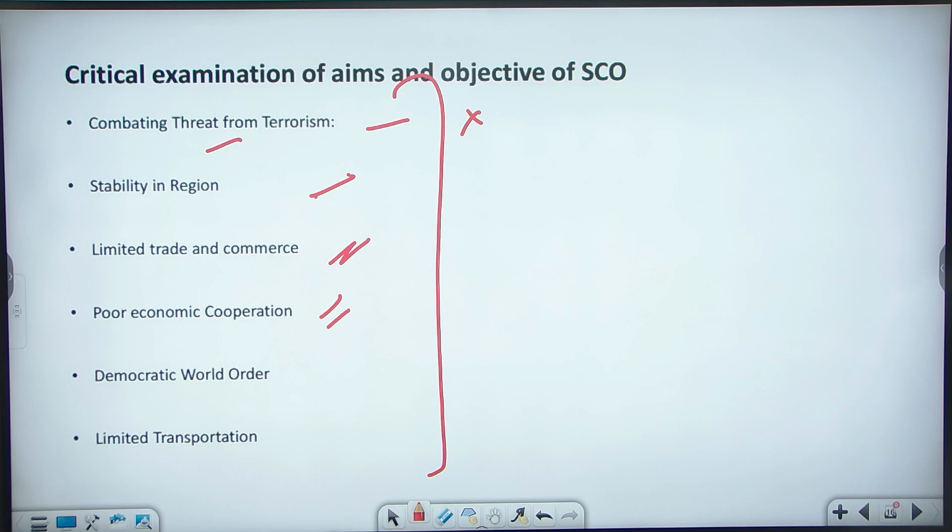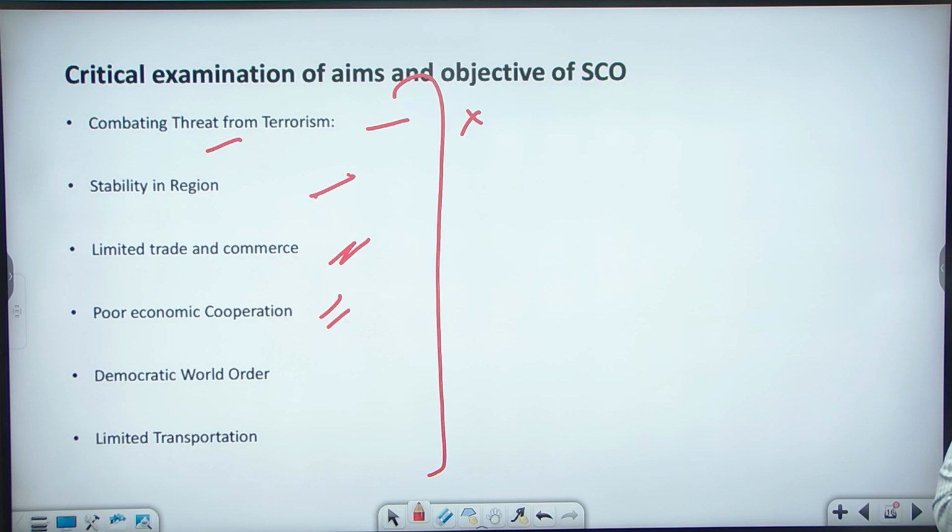In the second case, on the stability of the region, there is Russian military interference in the SCO. Then we can say there is limited trade and commerce because of the highest trust deficit. Then poor economic cooperation between the countries, due to China's initiatives like the Belt and Road Initiative. And the democratic world order is an oxymoron for the SCO because of China's superiority. China itself is not a democratic country.